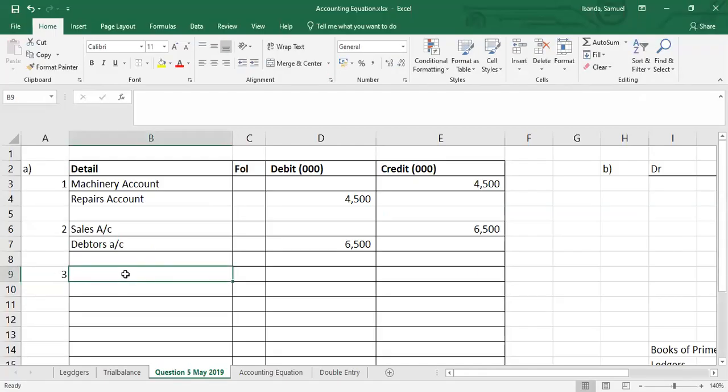We are saying that we remove it from the other account, which it is sitting in, the purchases account. And this is 15 million. Sorry, we are crediting this.